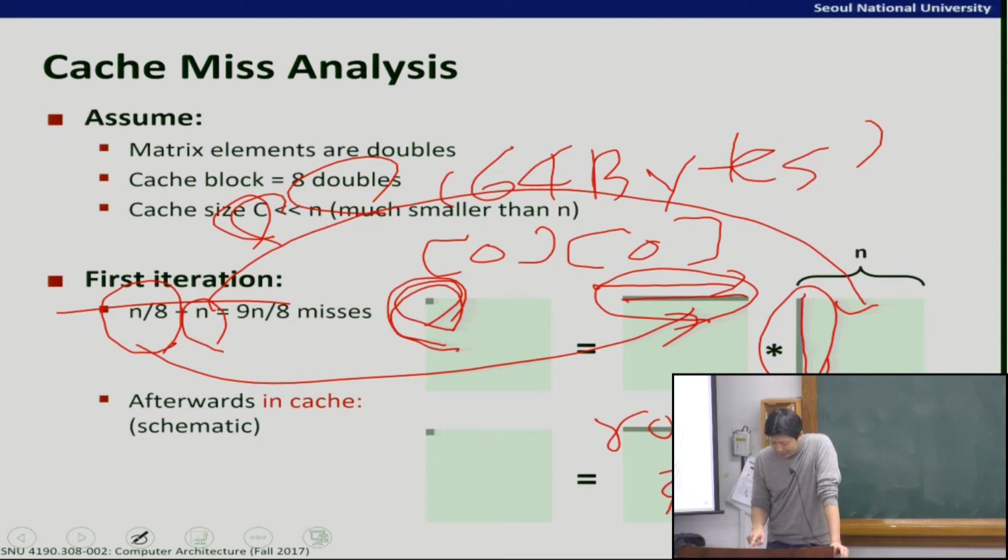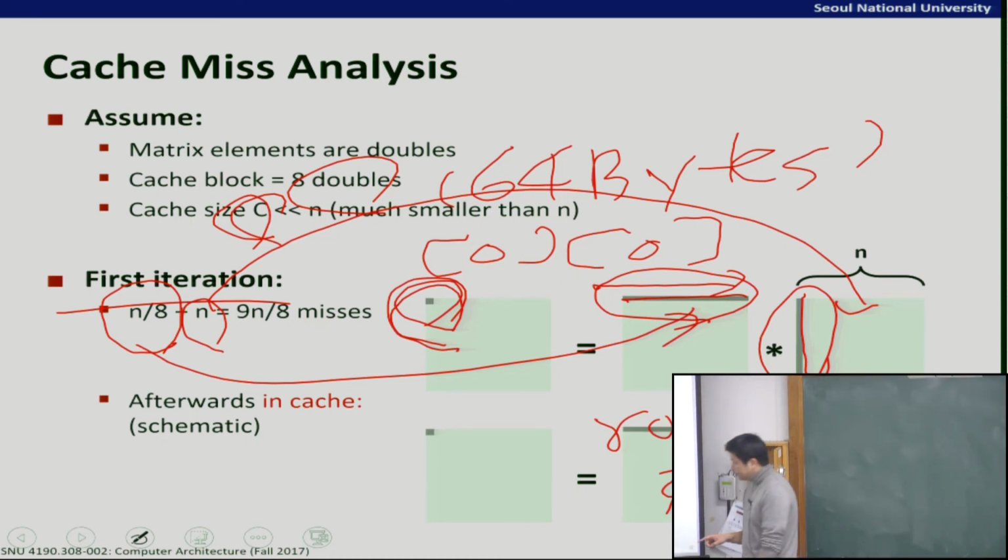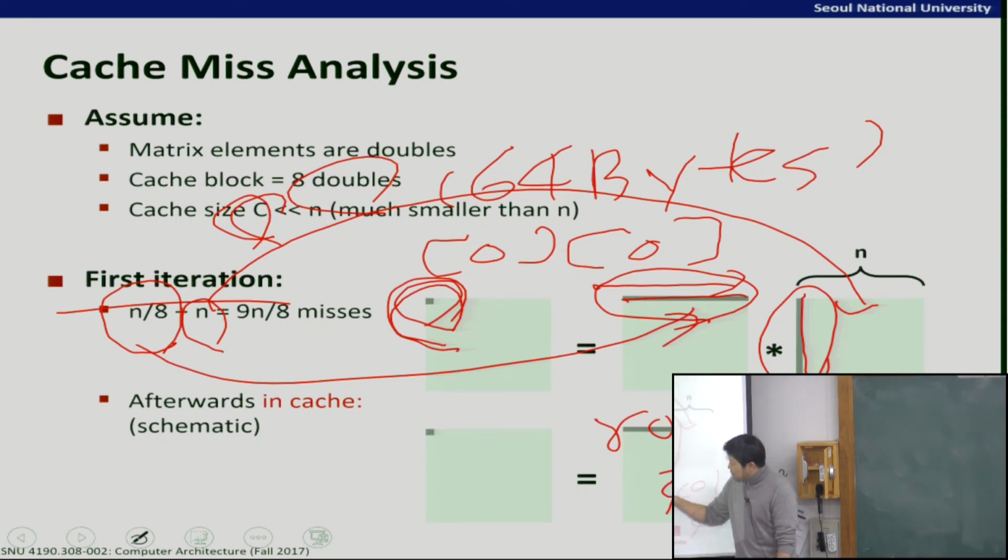After you execute this program, what will be remaining in the cache? For this array, this red part will be remaining in the cache, right? Because we access this pattern, and then for the last n accesses, we access this part. So this part will be in the cache at the end of iteration 1. But what about this thing?